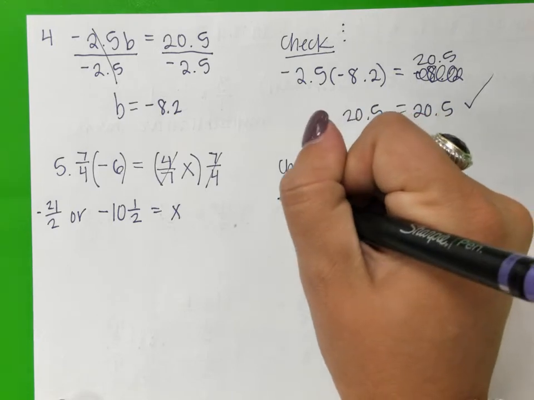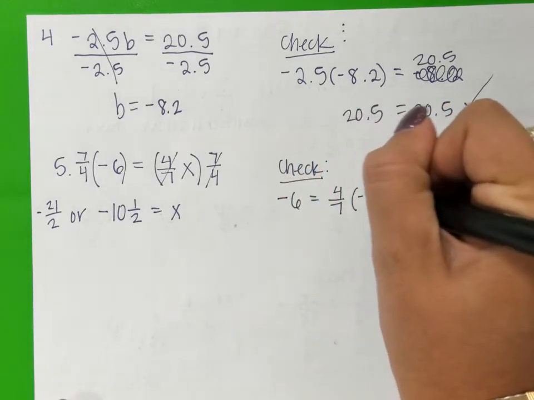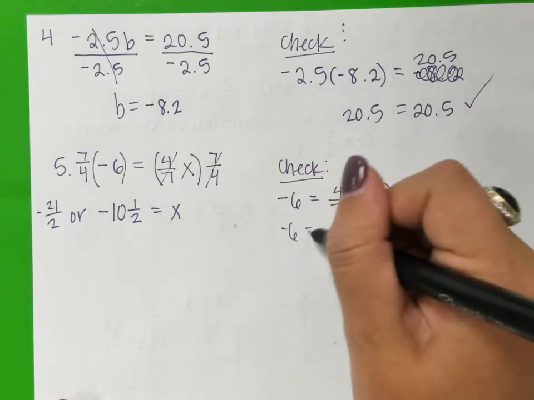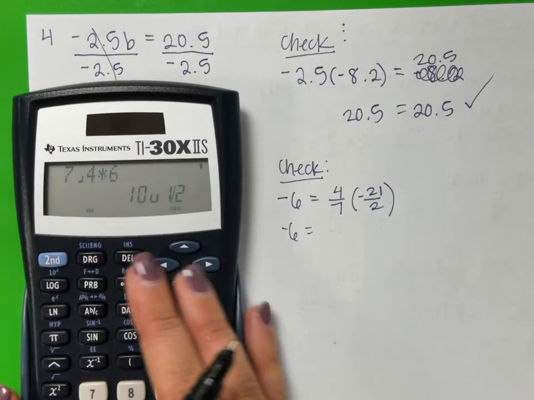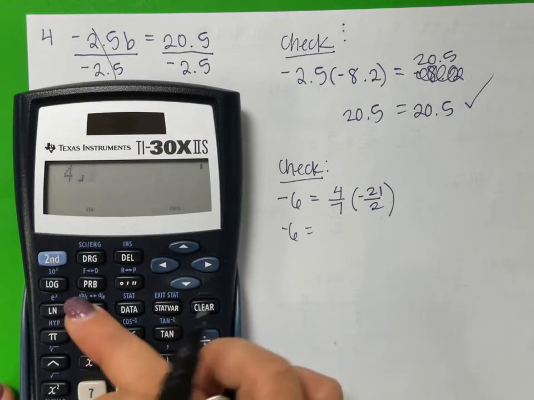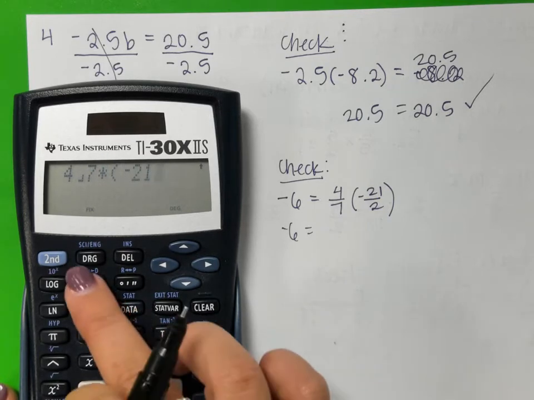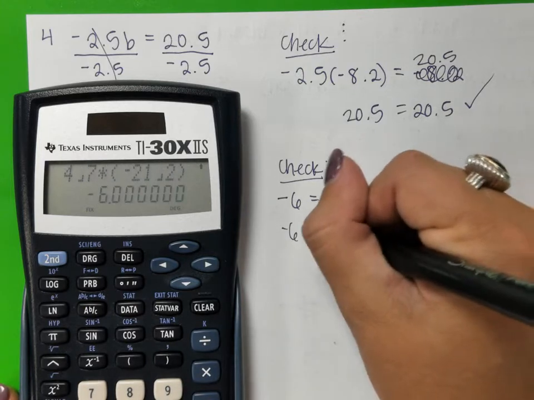So that means I have negative 6 is equal to 4 over 7 times negative 21 over 2. When I plug it in, I have 4 over 7 times negative 21 over 2, and I get negative 6.